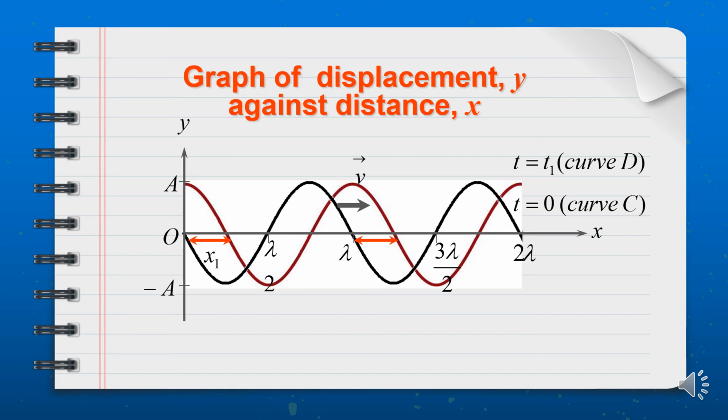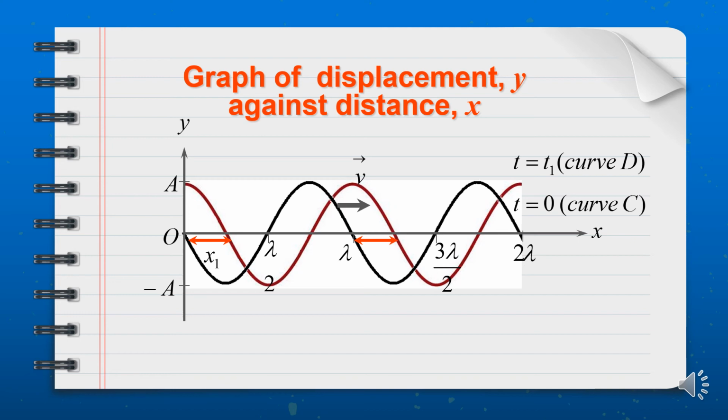For example, we consider the equation of the wave as y equals A sin(ωt − kx). At t equals 0, we find that the equation becomes y equals −A sin kx.